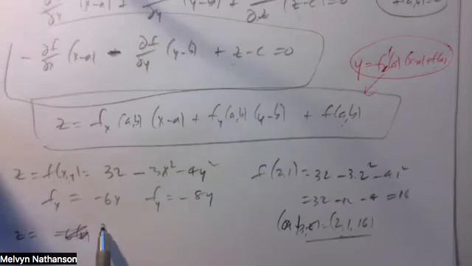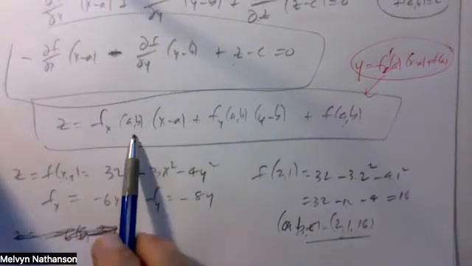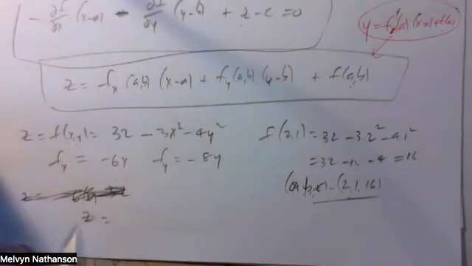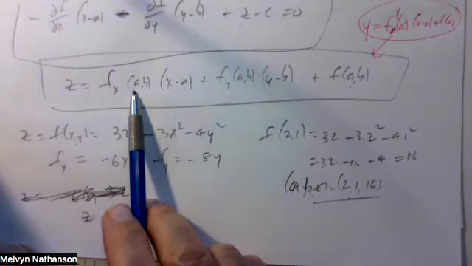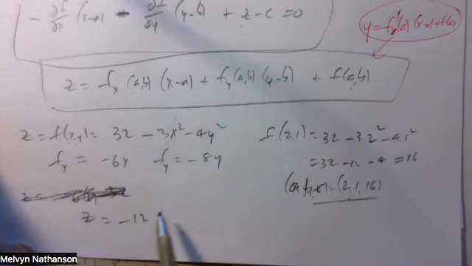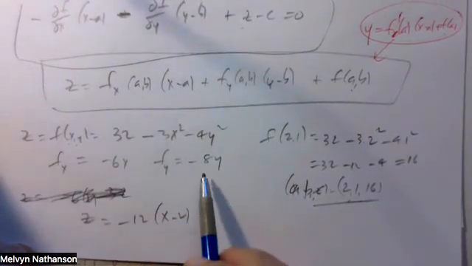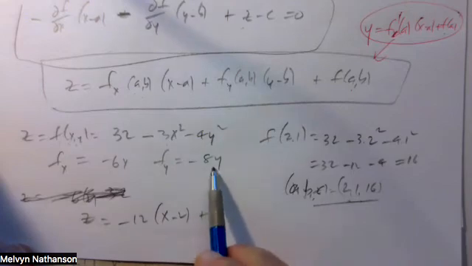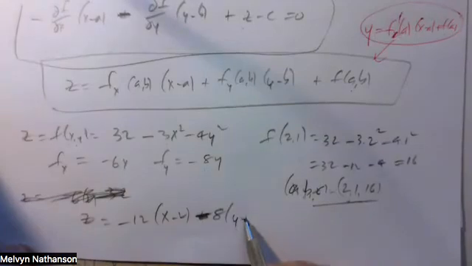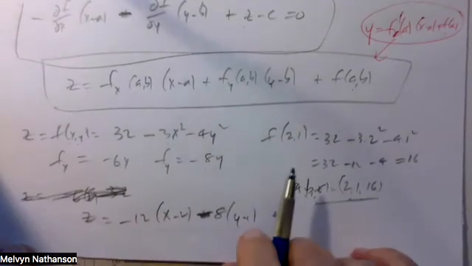So for the tangent plane, z is equal to partial of f with respect to x evaluated at (2, 1), that's minus 12, times (x minus 2), plus partial of f with respect to y, minus 8y at (2, 1), is minus 8 times (y minus 1), plus f of (a, b), which is plus 16.